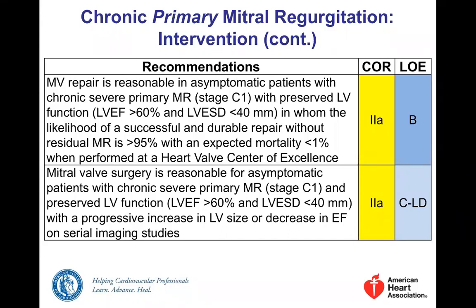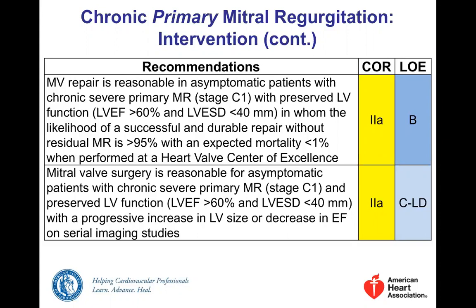And why do we say the ejection fraction? Because in mitral regurgitation, if the ejection fraction is less than 60%, that means this heart is not normal. Because as you know, most of the volume will go back to the left atrium, so you will have an over-exaggerated ejection fraction. So this is very important that you need to keep an eye on when you see any patient with severe primary mitral regurgitation.